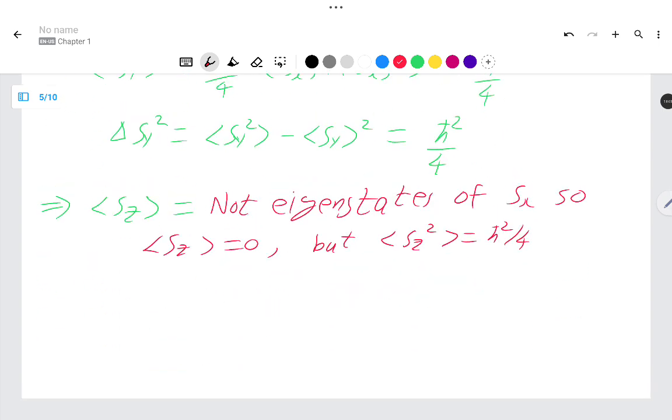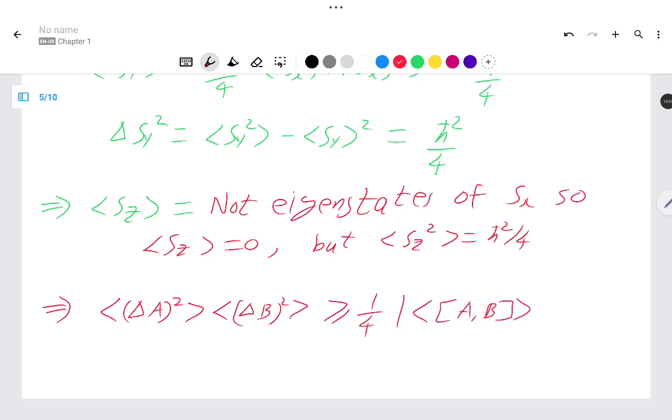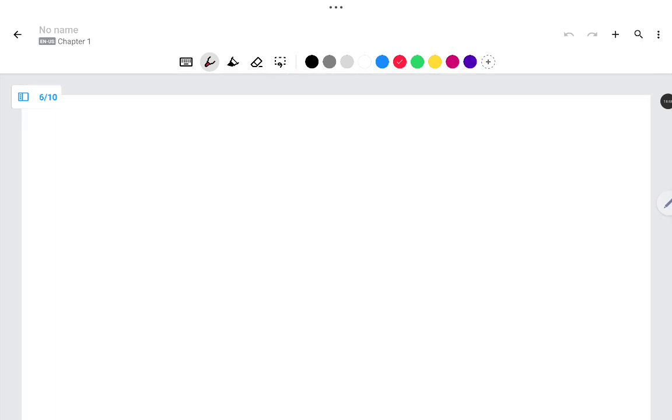Okay. So what we need to check here is that the average value of these objects, delta A squared times delta B squared, is greater than or equal to 1 by 4 of the square of the commutator's expectation. One case is A is Sx and B is Sy, and the other is A is Sz and B is Sy.